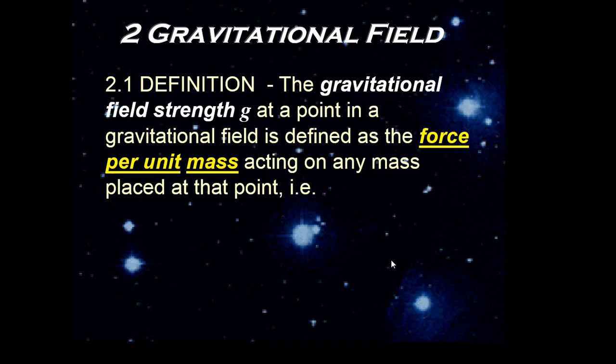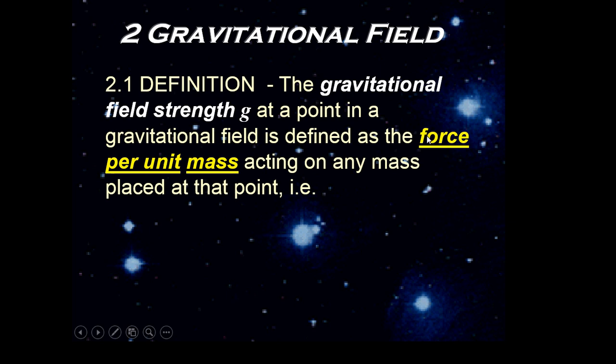So one more time, the gravitational field strength g at a point is defined as the gravitational force per unit mass acting on a mass placed at that point. The keywords are force per unit mass, and in this case the force is gravitational force.